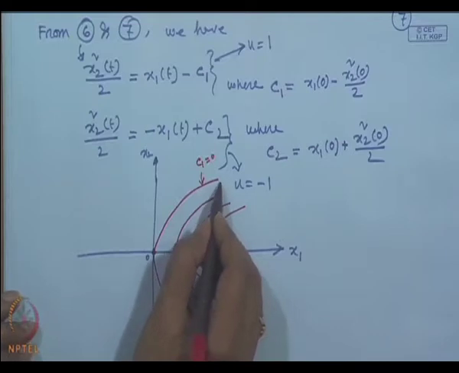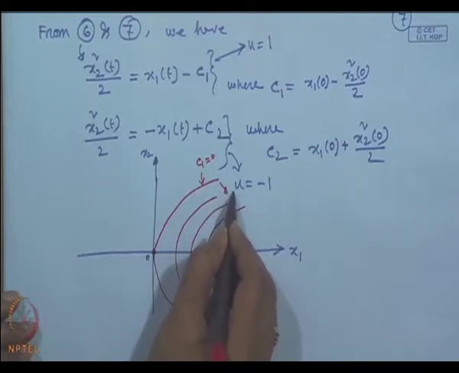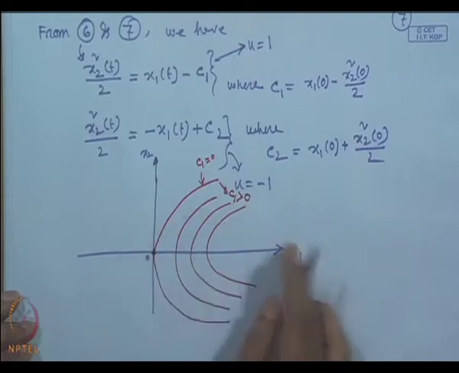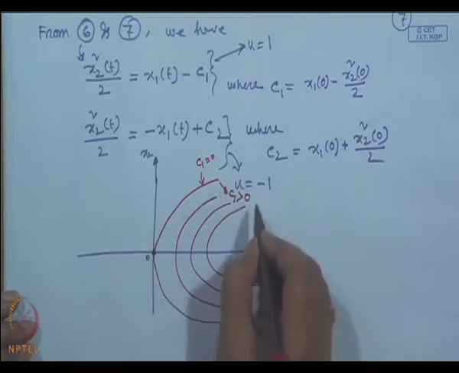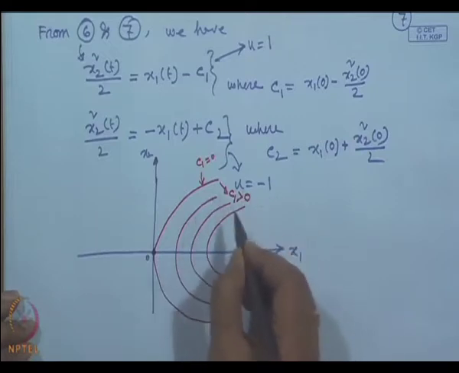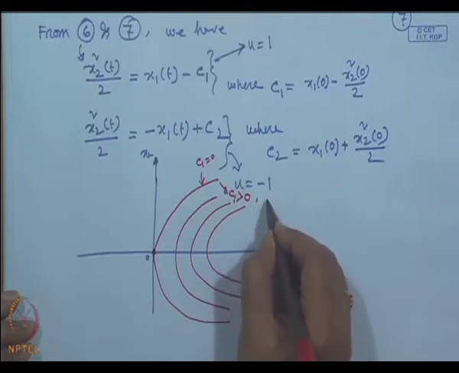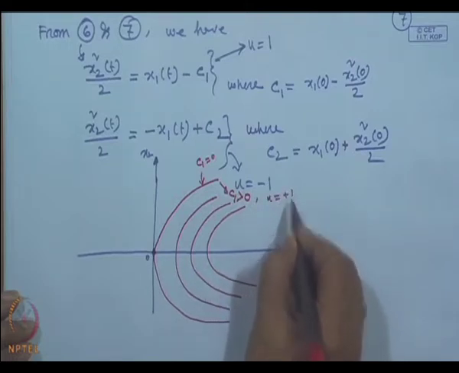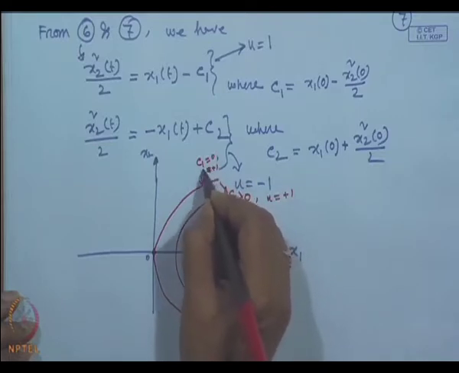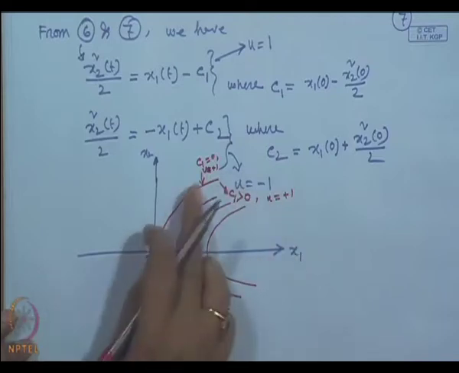I am just writing on this side C1 greater than 0, but in all these cases u is plus 1. Here also u is equal to plus 1.